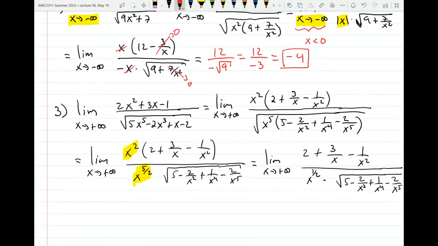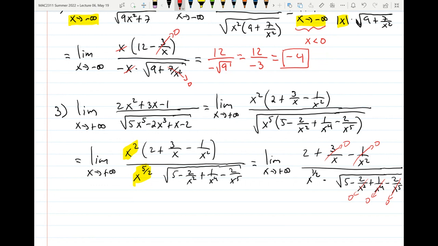So now we're going to take our limit. So again, all of these little fractions, they go to zero. But then what's going to happen is that in this limit, the top is going to approach 2. But what happens in the bottom? The radical piece is going to approach the square root of 5. But then we have an x to the 1 half, which is a square root of x.